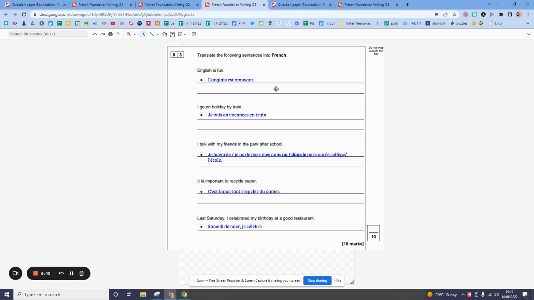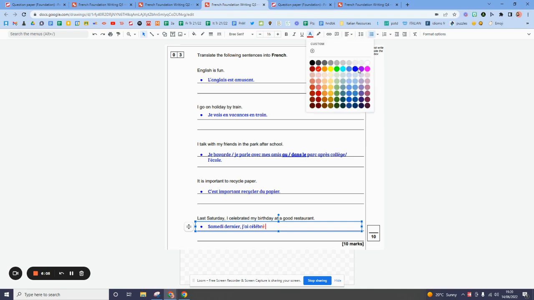I'm not happy about telling you that because I don't like inaccuracies. However, that E accent is massively important. If you put j'ai, which is correct, and célèbre without the E accent, you won't get the point for the past tense. That is how important that past tense E accent really is. Please make sure to include it.